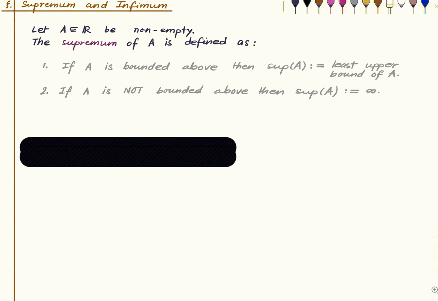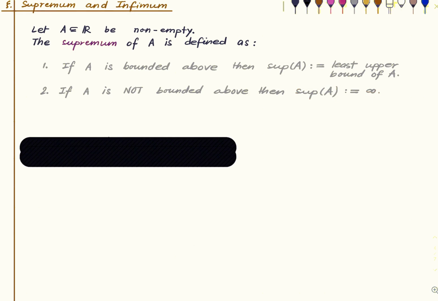This has no meaning. Writing this is same as saying A does not have an upper bound. And when A has an upper bound, then we just define supremum of A as the least upper bound of A. So supremum is just another name for least upper bound, except that when you do not have a set that is bounded above, still you can use the notion of supremum without any extra content. It's just that we record via a symbol that it does not have an upper bound. That's all.